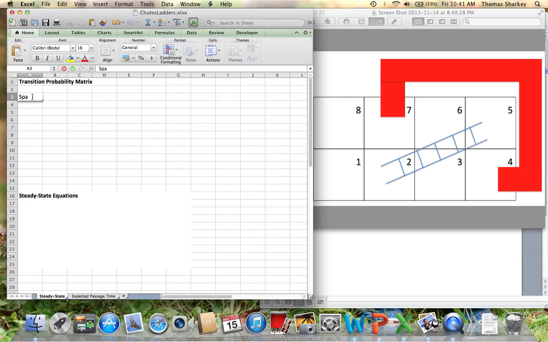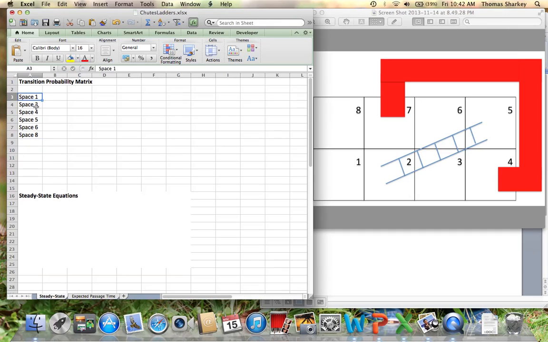We're going to have space 1, we won't have a space 2, we'll have space 3. We won't have space 2 because, again, we can't end our turn on space 2. We'll have space 4, space 5, space 6. We won't have space 7 because, again, we can't end our turn on space 7. And then we'll also have space 8.